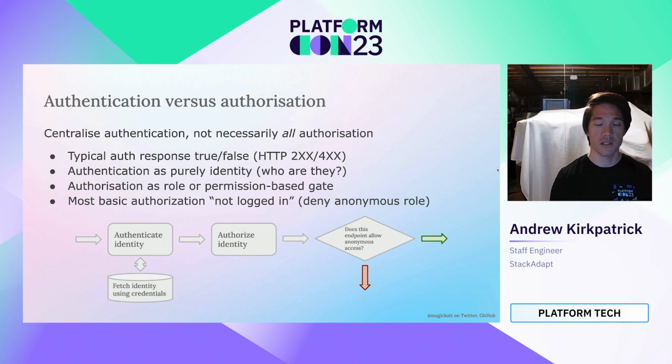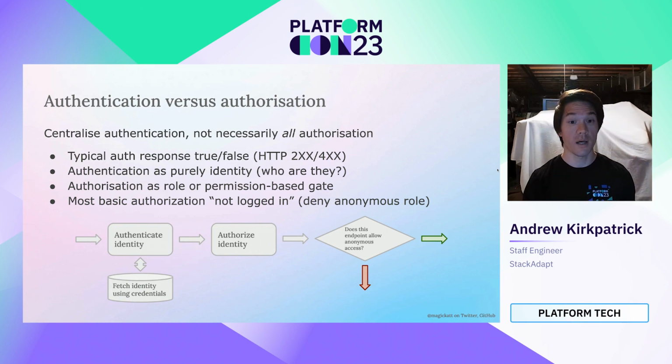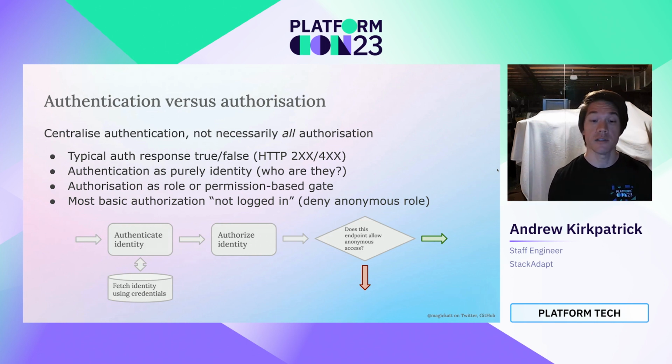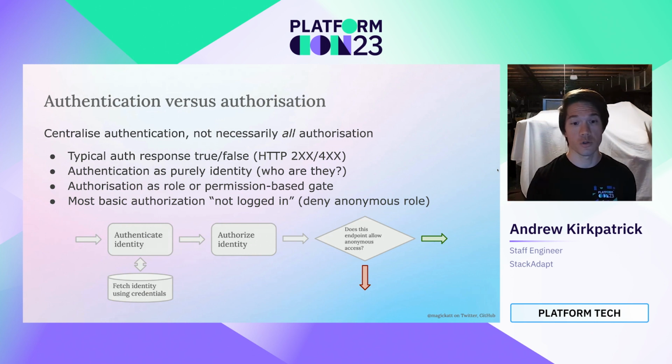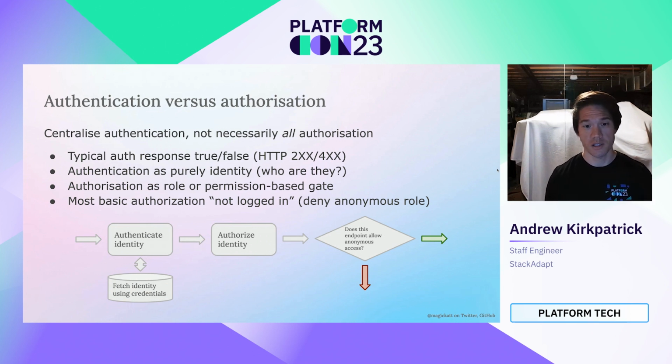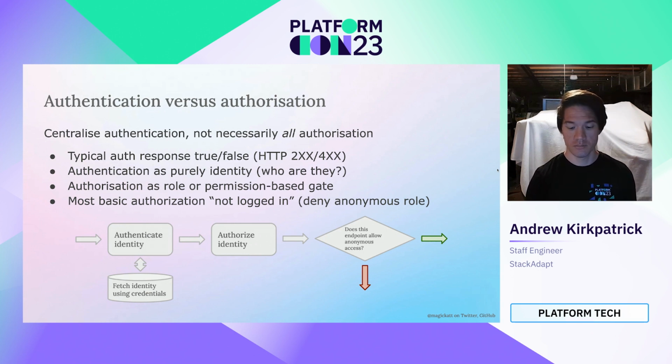And then authorization as, based on who they are, what am I going to allow them to do? Are they allowed to access or modify or delete this particular resource? And the most basic representation of that is, is the user logged in or not? So say if a user is trying to update their password, fundamentally, the most basic authorization is you can only do that if you have any identity at all, regardless of roles or permissions.